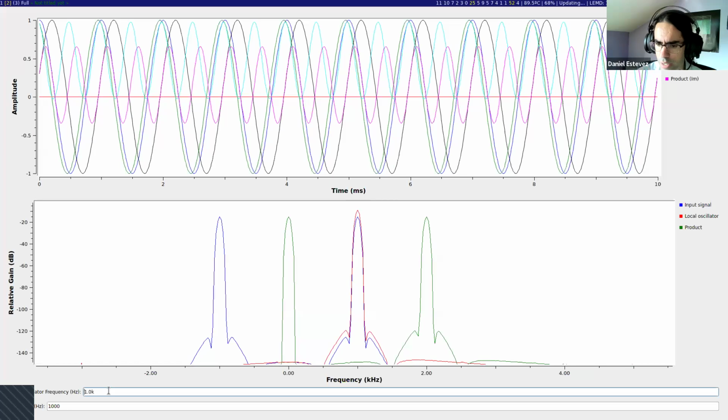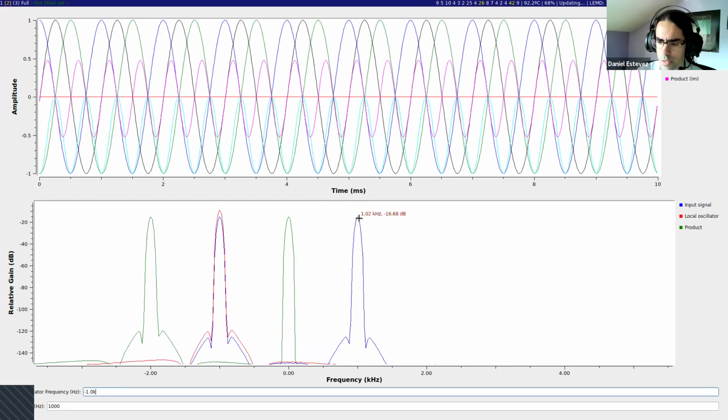And probably I should have put minus 1 kilohertz rather than plus 1 kilohertz, because that is the usual way of proceeding. We translate this one here, and if there was another signal which was slightly to the right of this, it will end slightly to the right of 0. And conversely, if there was something on the left, it ends up here.